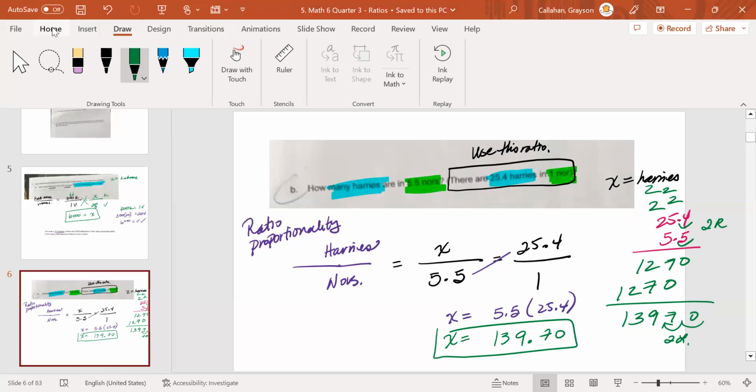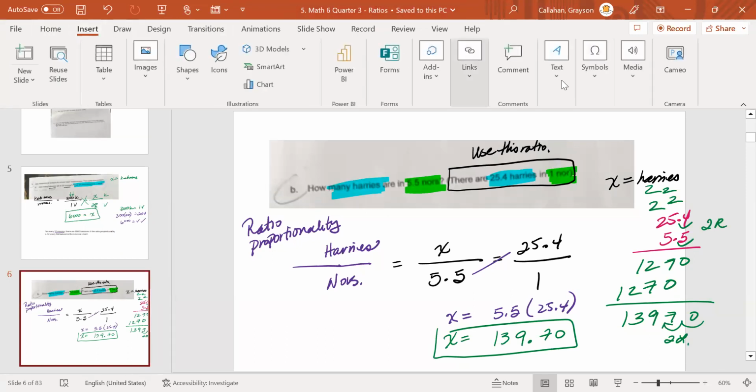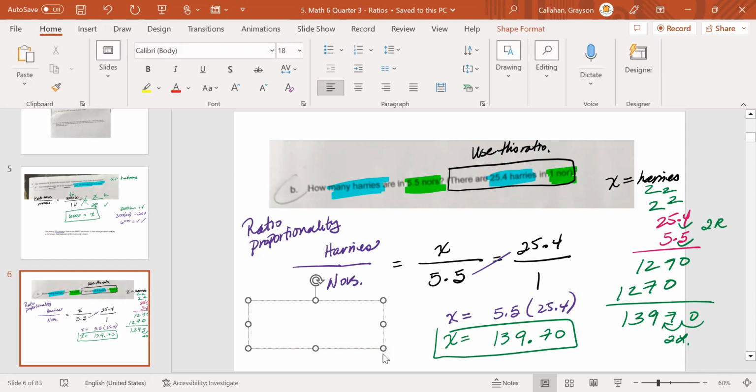So then when you go ahead and write your text, this is how many Harrys are there in 5.5 Nors?